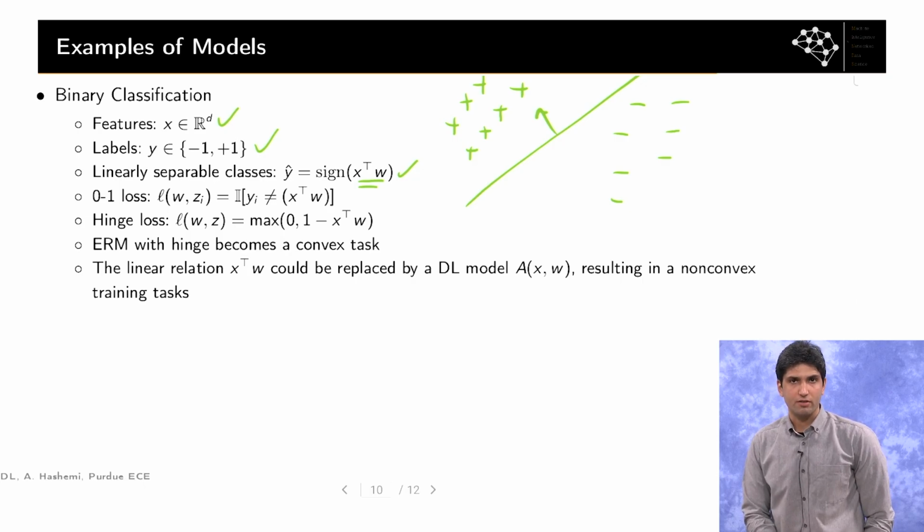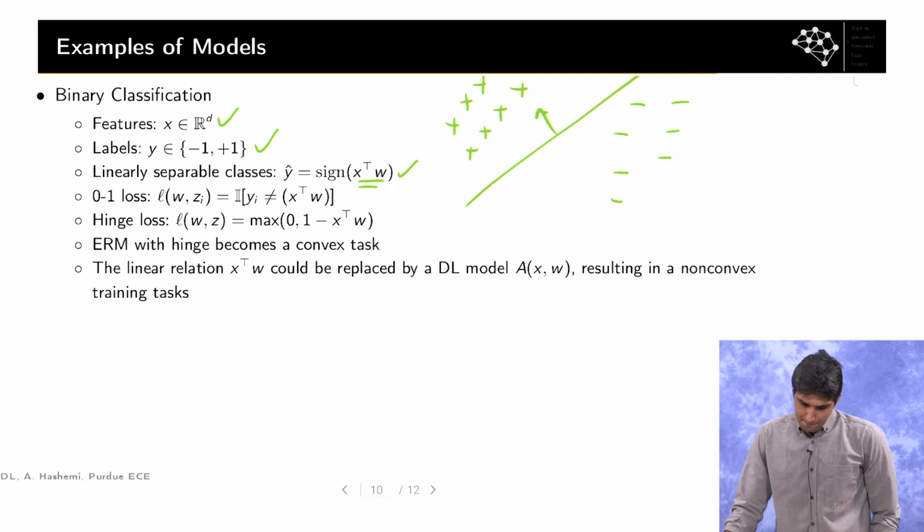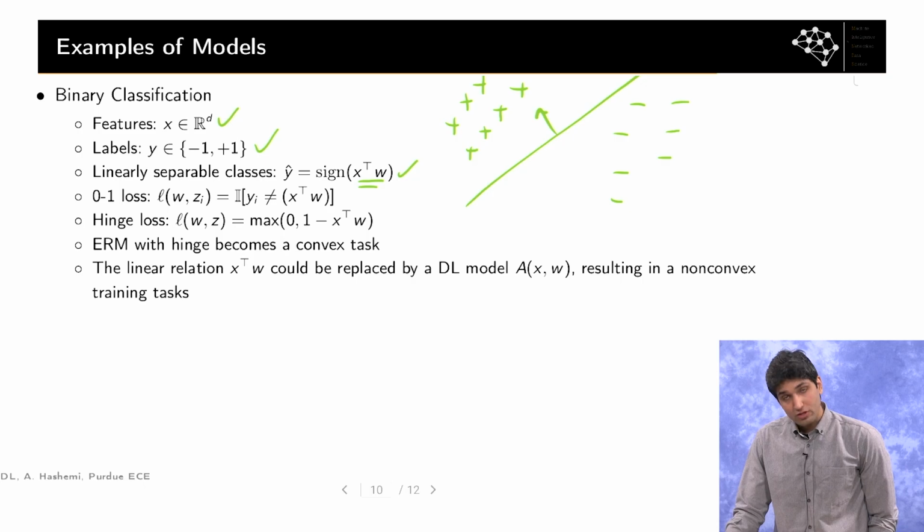And if that inner product is negative, we say that that image belongs to the other side, to a negative class. Okay? So we just look at the sign of the inner product, right? So that's our models.